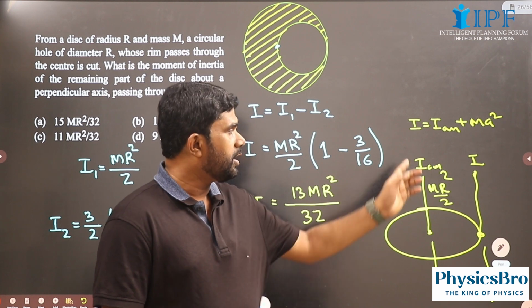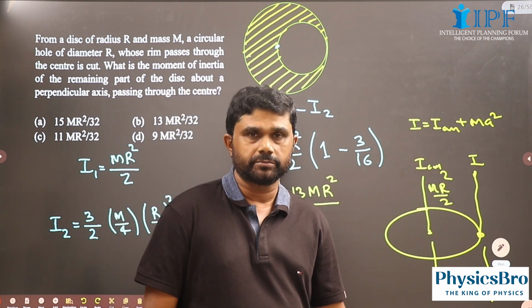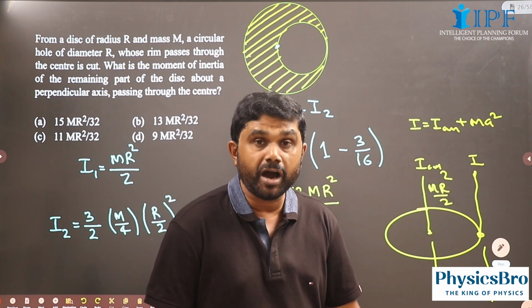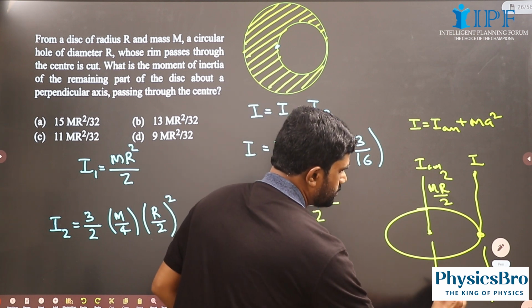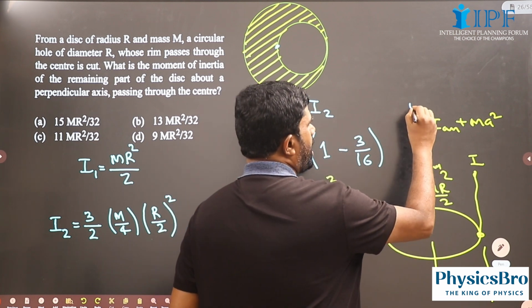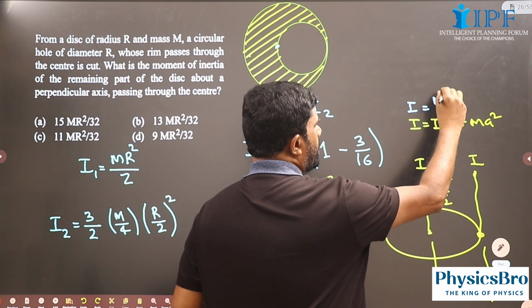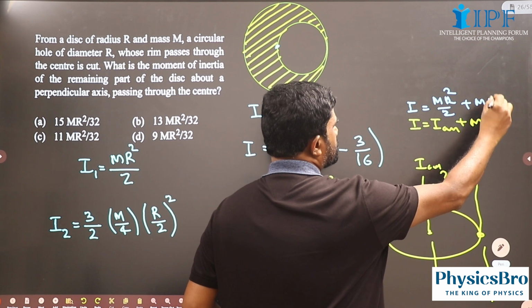So by the parallel axis theorem, I equals I CM plus MA square. I CM is MR square by 2 and A is R, so here A equals R. So I equals MR square divided by 2 plus MR square.